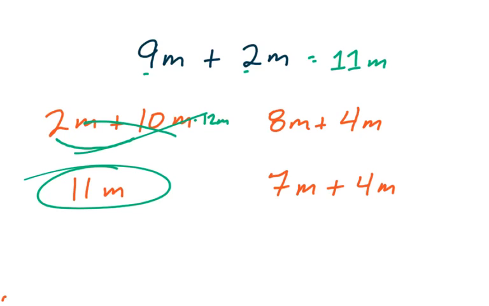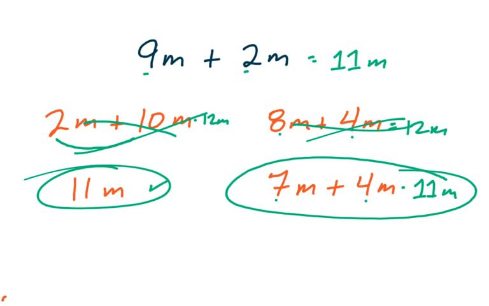So we can rule that problem out. 8m here plus 4m here, that would be equal also to 12m. We can rule that problem out. 7 plus 4, however, that is 11m. So it looks like we have 2 correct answers on this problem.